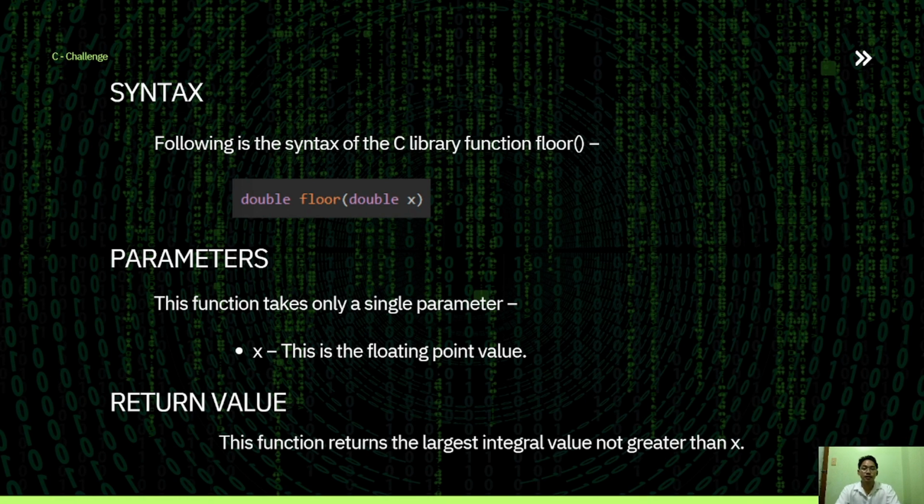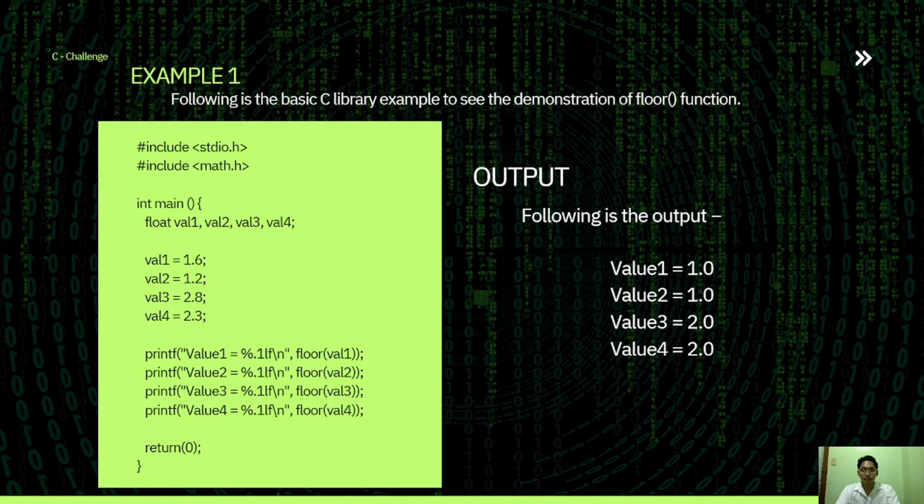The following is the syntax of the C library function floor: double floor(double x). This function takes only a single parameter. The x is the floating point value, and it returns the largest integral value not greater than x.